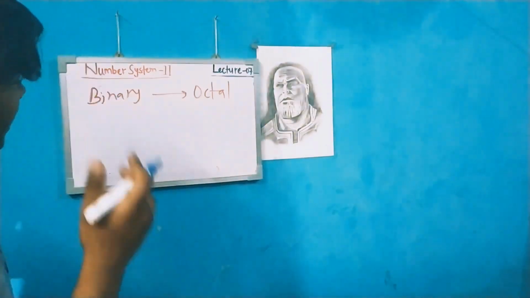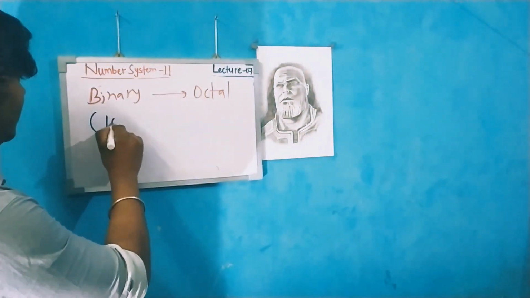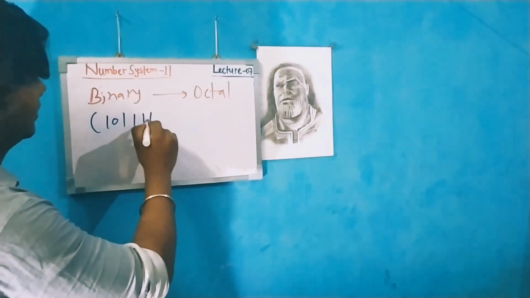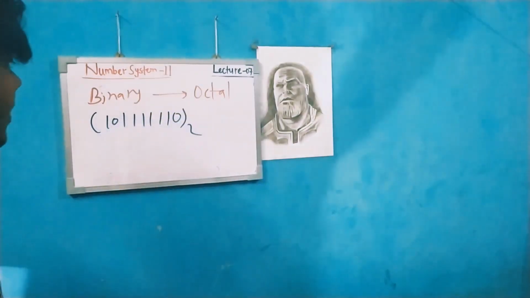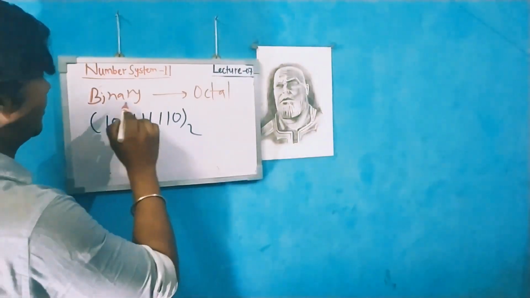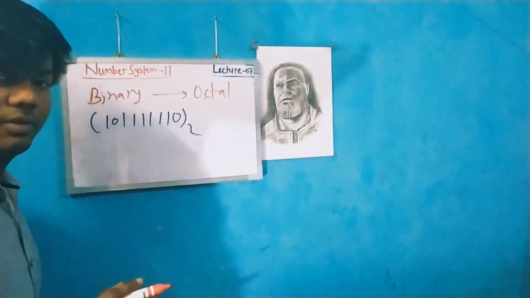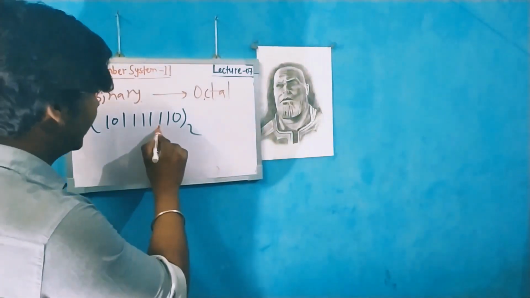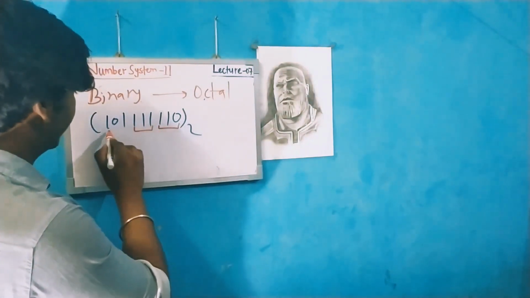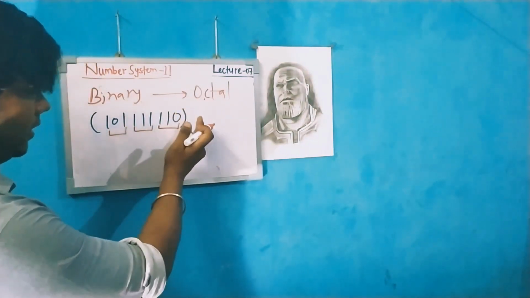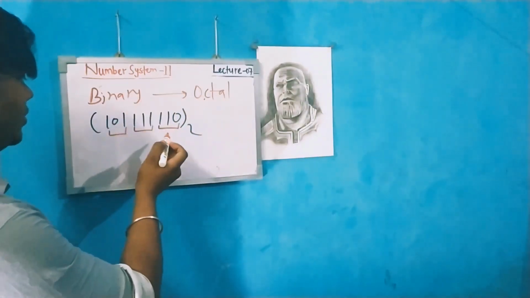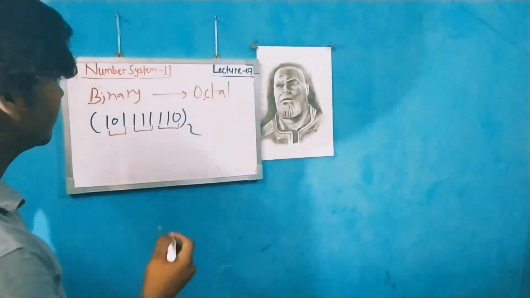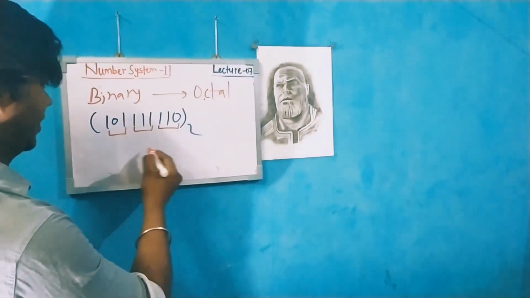Just write a binary number 101111110. This is basically a binary number. For converting a number from binary to octal, we just take groups of 3 from right hand side to left hand side, from LSB to MSB.